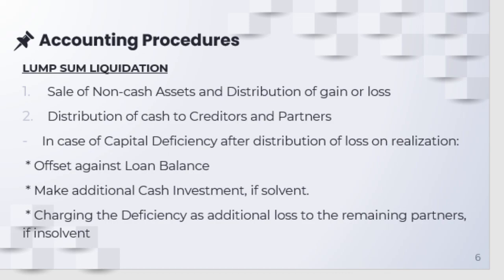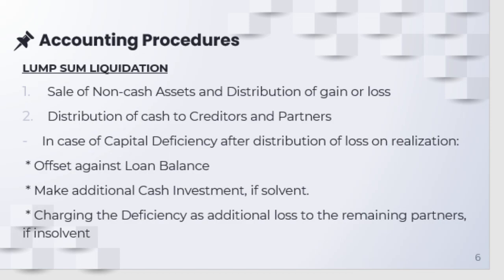Now, in case of capital deficiency, after distribution of loss on realization. Kapag sinabing capital deficiency, 'di ba kanina sa sale of non-cash assets, what if mabenta below book value yung ating non-cash assets? So, ibig sabihin, magkakaroon ng loss.